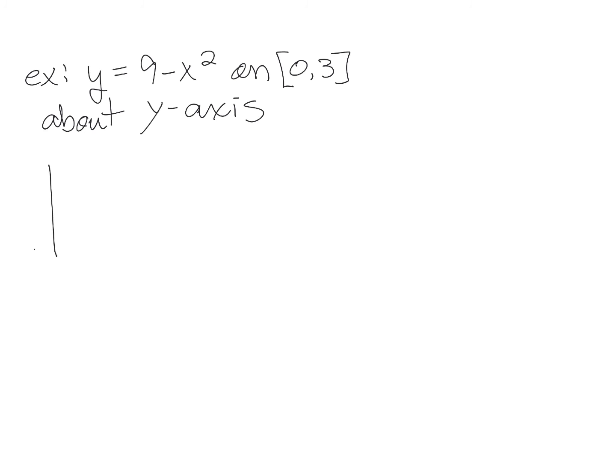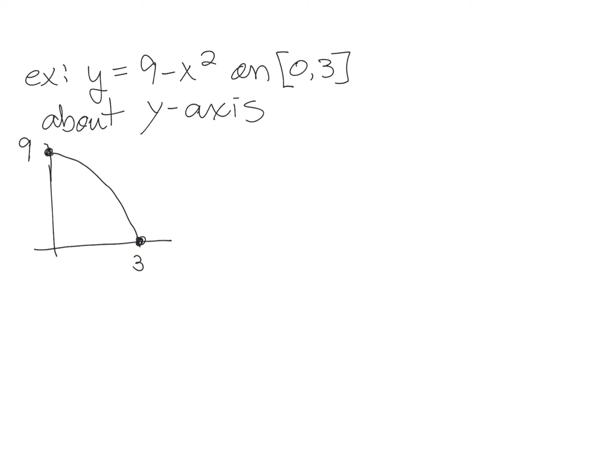Okay, we're going to take the curve 9 minus x squared, that's an upside down parabola, on the interval from 0 to 3. So plug in a 0 and I get a 9, plug in a 3, I get a 0. So we have this piece of curve, and we're going to rotate that curve about the y-axis.